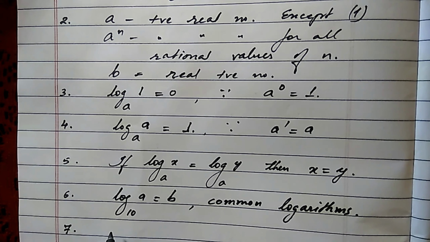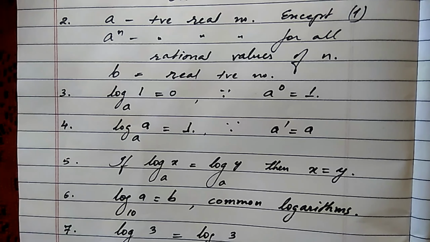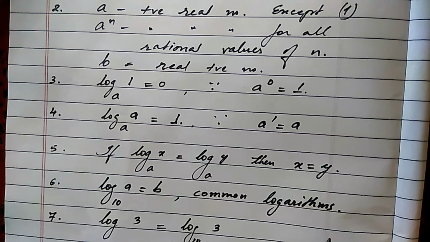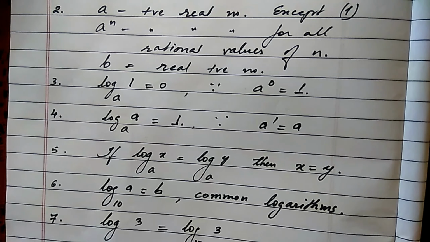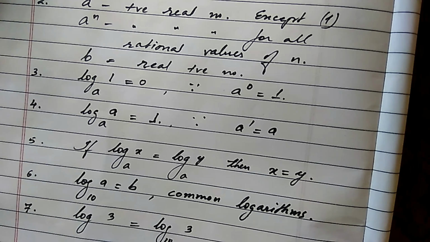If no base is given, for example, you have log of 3, then this is the same as log of 3 with base 10. What does it mean? That means if there is no base given, then the base is always 10.